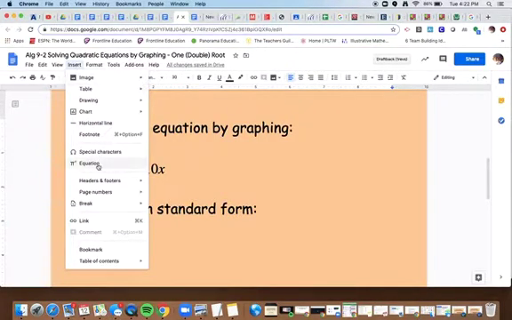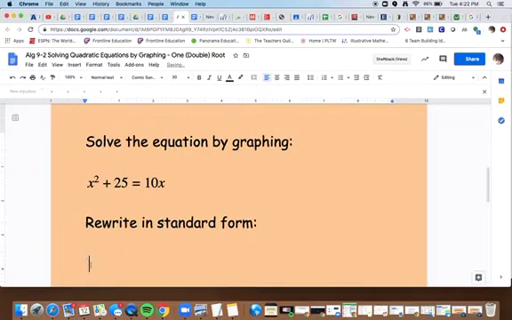The very first thing we're going to do is move everything over to the side that the x squared is on. So we've got x squared plus 25, and then we're going to move this 10x over by subtracting 10x from both sides, right? So we go minus 10x, and when I subtract it from this side, that makes it equal to 0. So that's my first step in this.